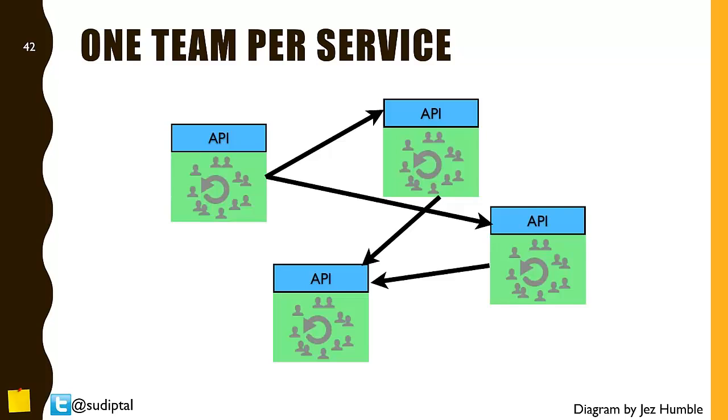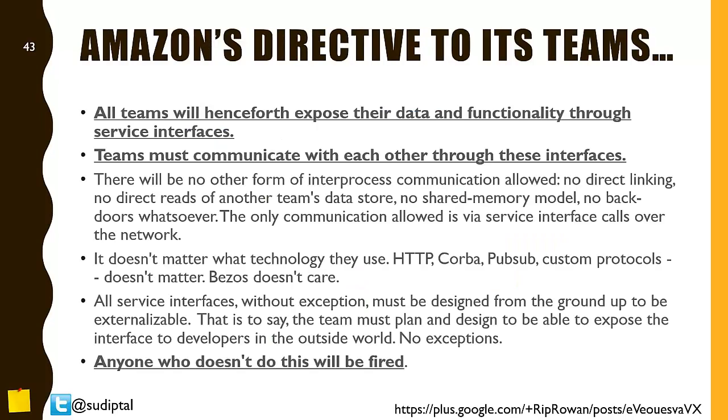And for that reason, Amazon, Jeff Bezos actually, way back in 2002, gave a directive to all its development teams, which in effect was that everybody would work with every other team only through interfaces. And anybody who doesn't do that would essentially be fired.